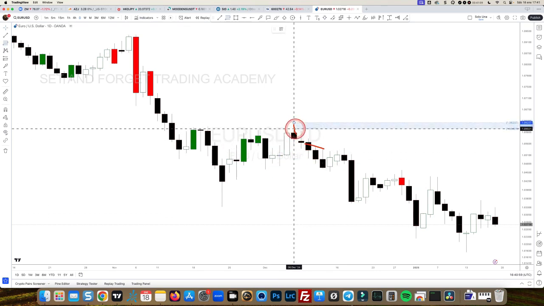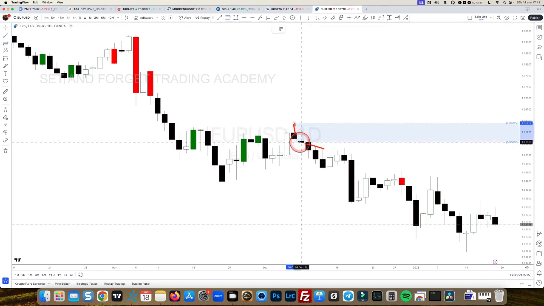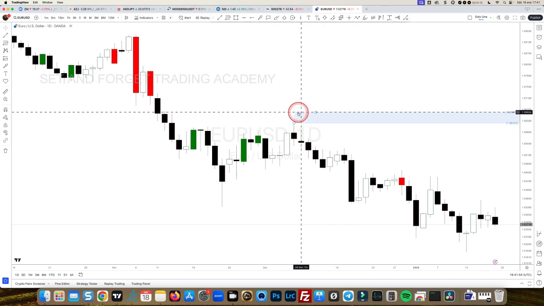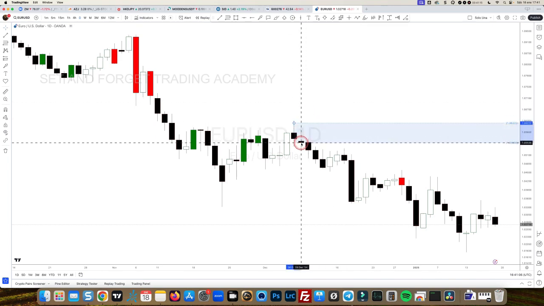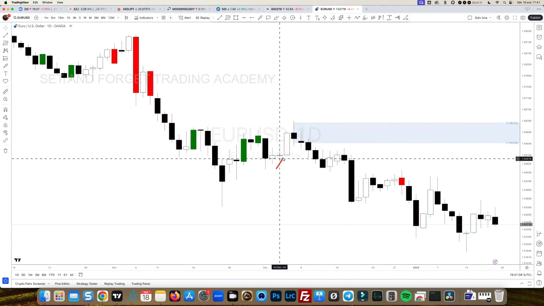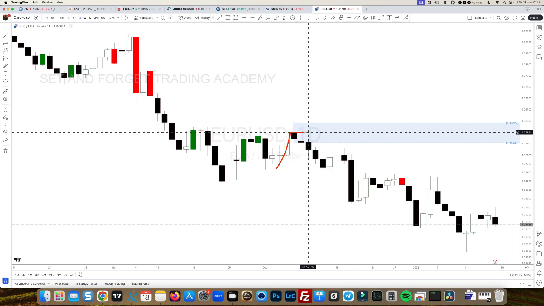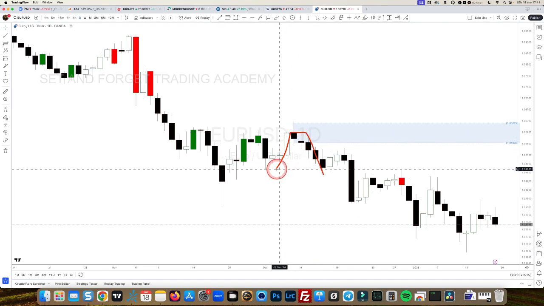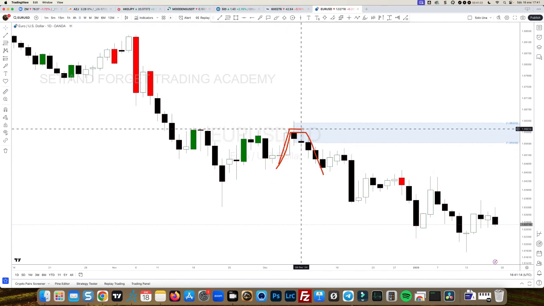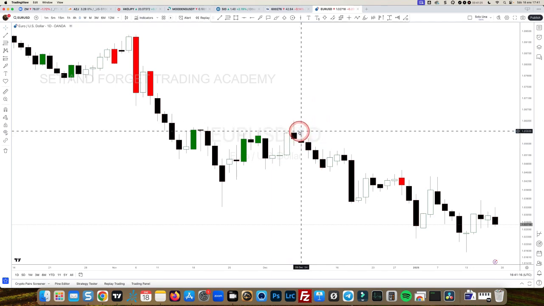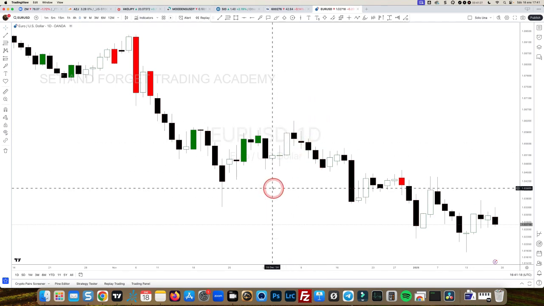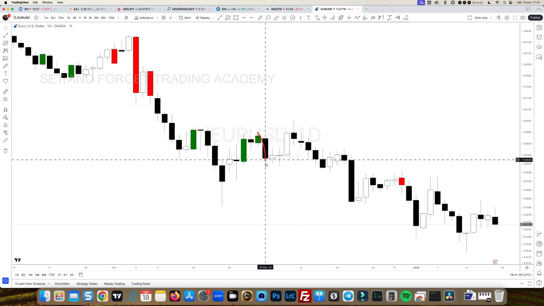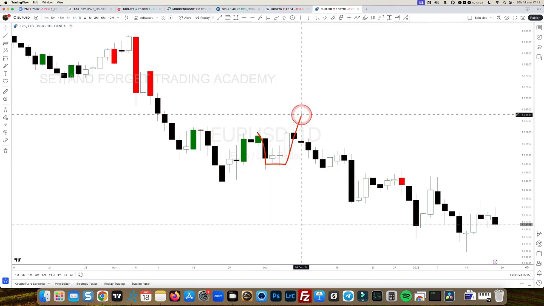We've got here another one. This is the structure of a peak. Why? Rally, base, drop, legging, basing structure, leg out. That's a peak. And the structure here is the leg out, basing structure, leg in, basing structure, leg out.